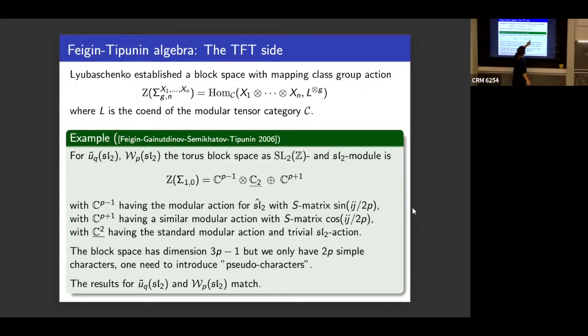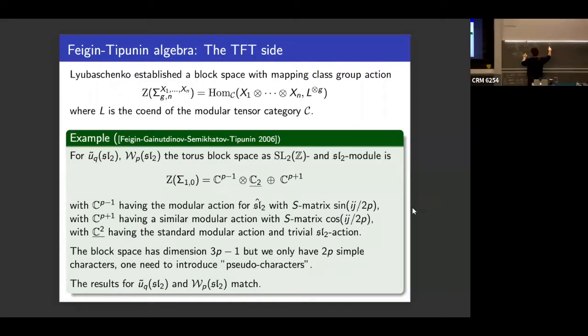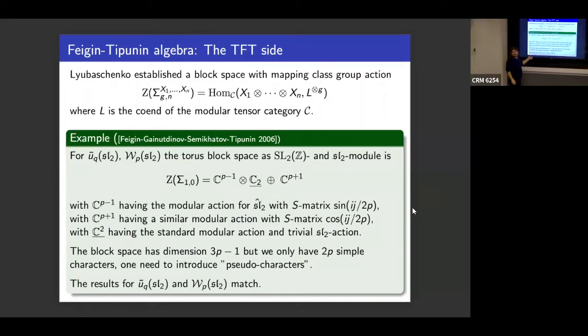And then there is a second summand, which will disappear in a derived setting. The second summand here is the projectives. So these are these guys here, which appear for all S, not just for the good S. And this is a cosine representation of the S matrix, it's somehow related. So this is how the state space, the block space, looks for the torus.